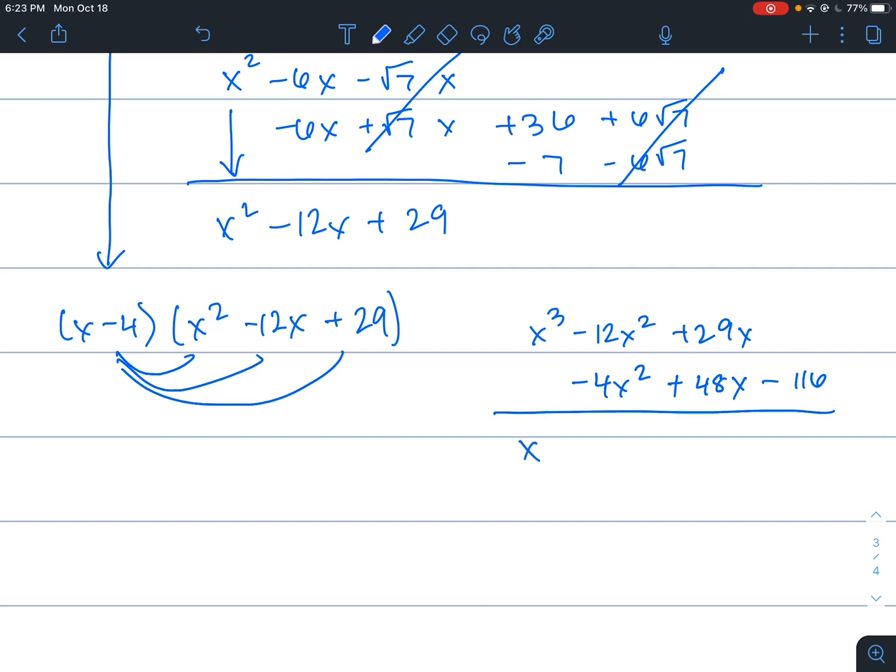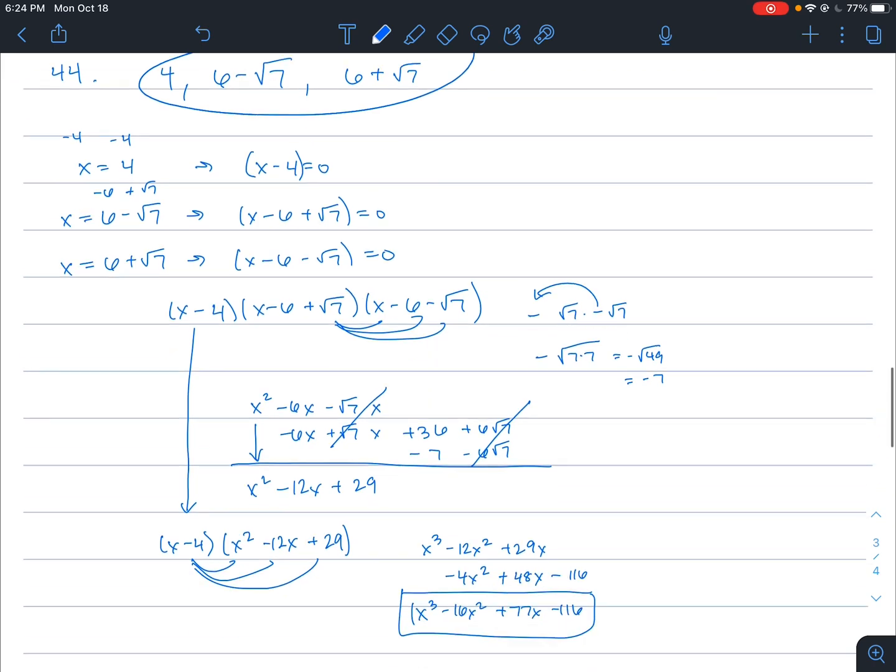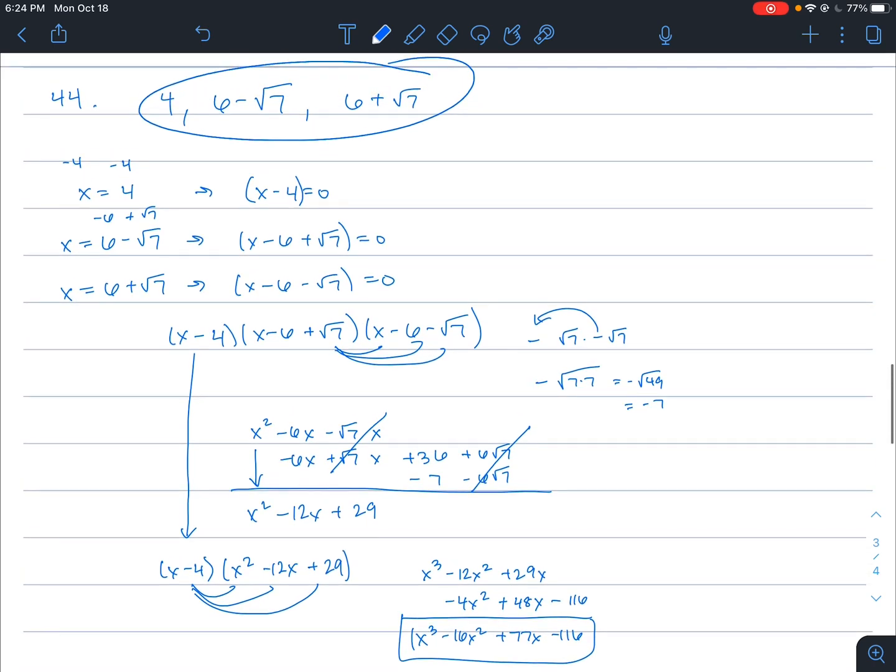Add them together, I get x cubed minus 16x squared plus 29 plus 48, which is 77x, minus 116. And that would be our polynomial function of the least degree possible. The leading coefficient is 1, and I used the given zeros, which were up here. Hopefully that gives you a boost on trying to solve problems like this.